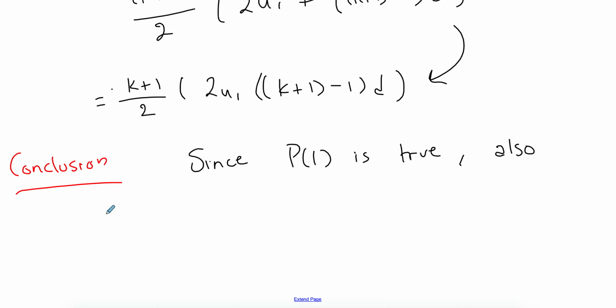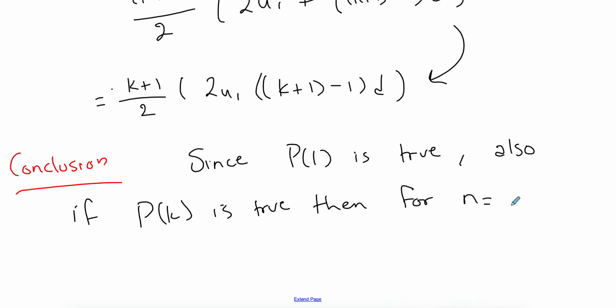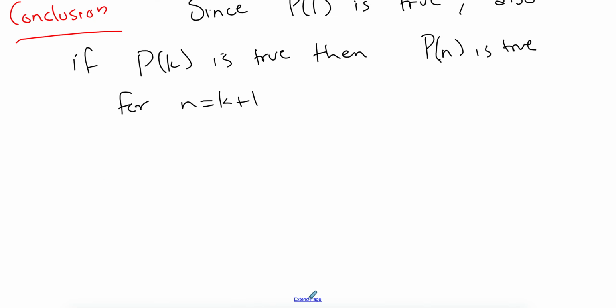Also, if Pk is true, because that was your assumption, then Pn is true for n equals k plus 1. So we realize that P(k+1) is only true if Pk is true, because we assumed that Pk is true.